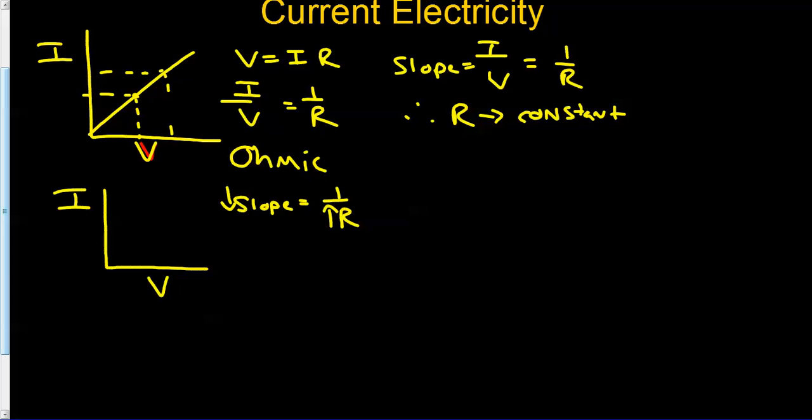So I might see something like this for a light bulb, where it starts off at a very steep slope and gets smaller and smaller as time goes on, which means that the resistance is getting larger. So this we call non-ohmic. A light bulb is a classic non-ohmic device.